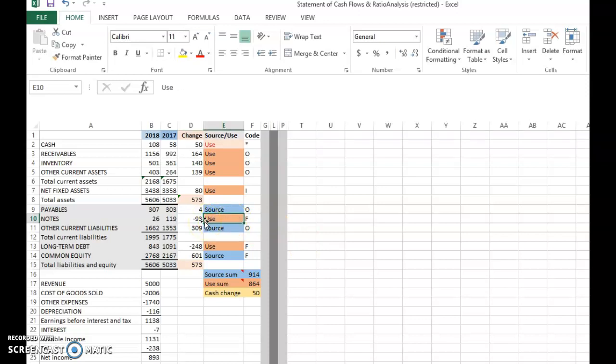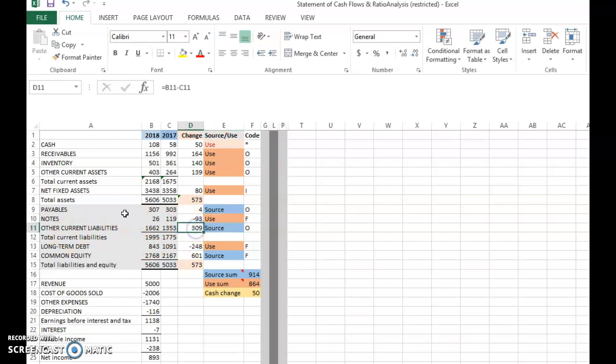Remember the principle. If it is a liability or equity account, if the account decreases, therefore it is a use of cash. You use cash to reduce the liability or equity account. So that is the case here. The case is a use of cash.